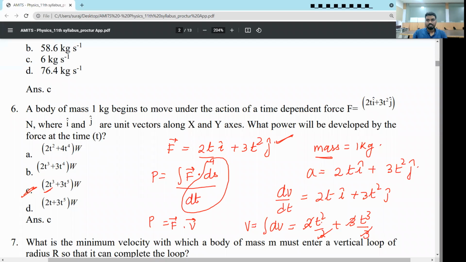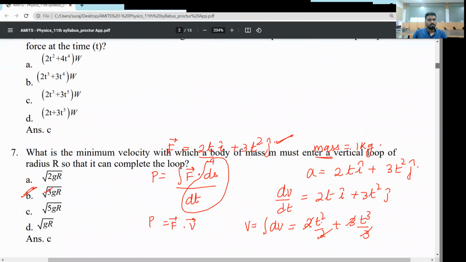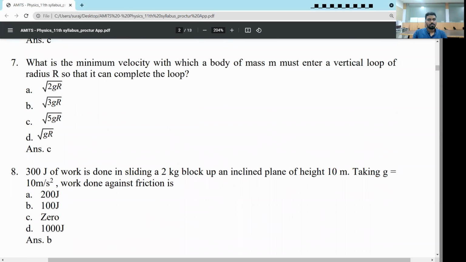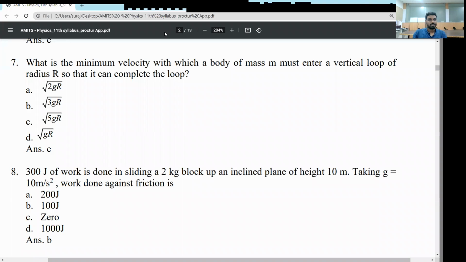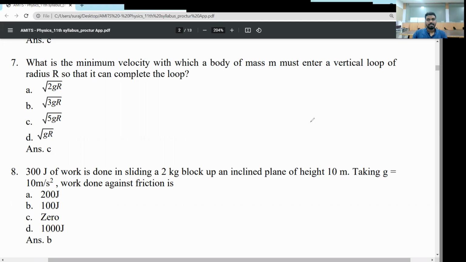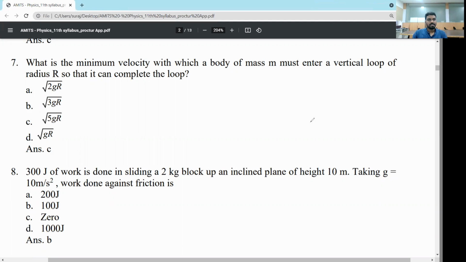Next, coming to question number 7. What is given? What is the minimum velocity with which a body of mass m must enter a vertical loop of radius r so that it completes the loop?